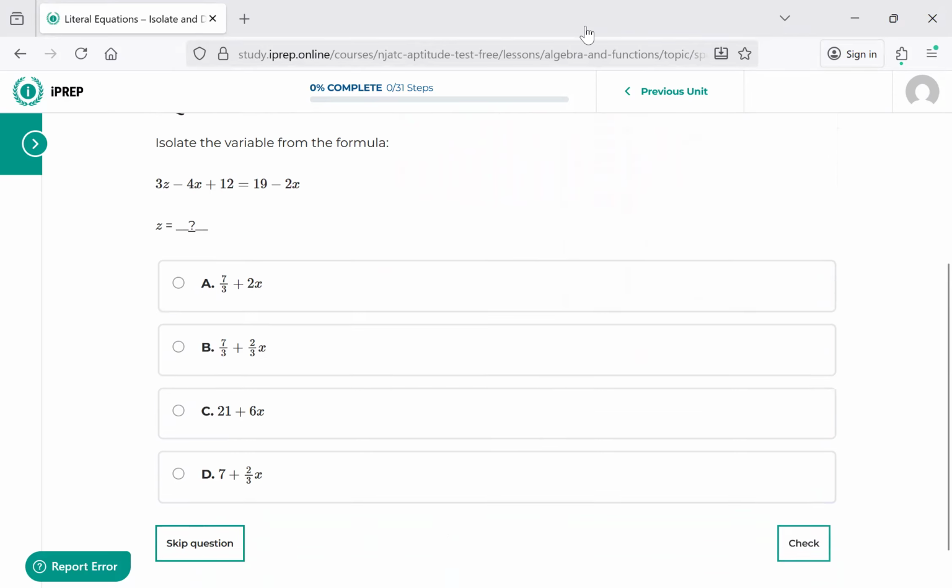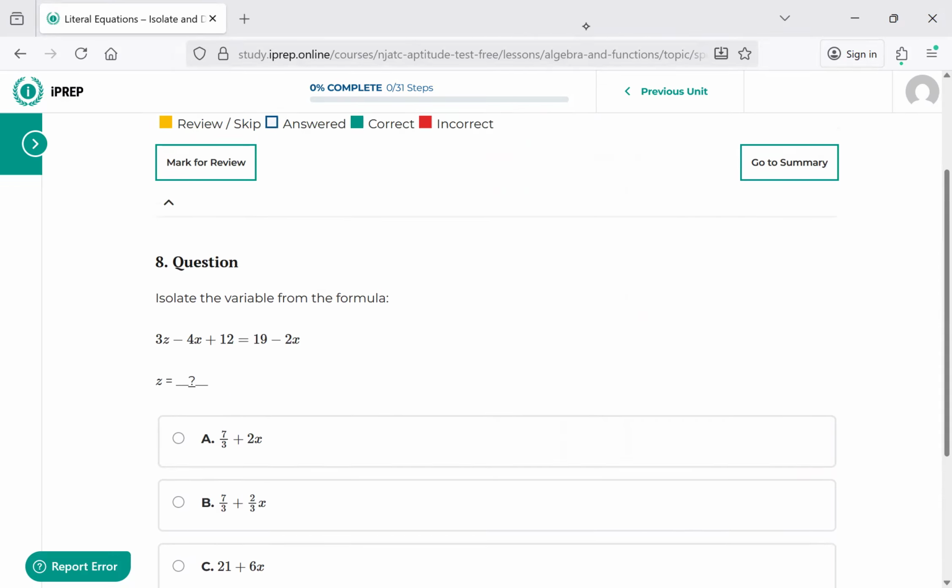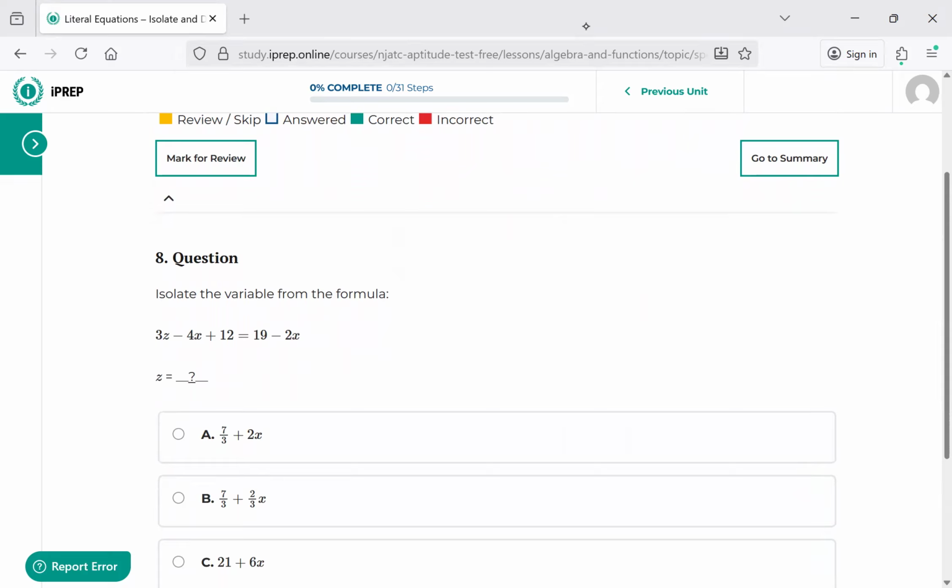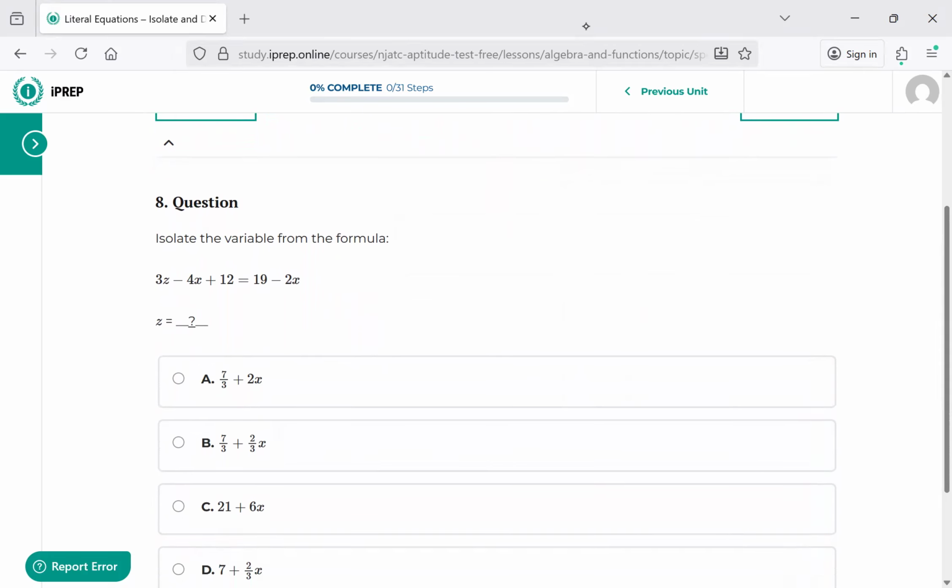Next one. Question 8, we have 3z minus 4x plus 12 equals 12 minus 19 minus 2x, and we've got to solve for z. Okay, so here's the left side, and here's the right.